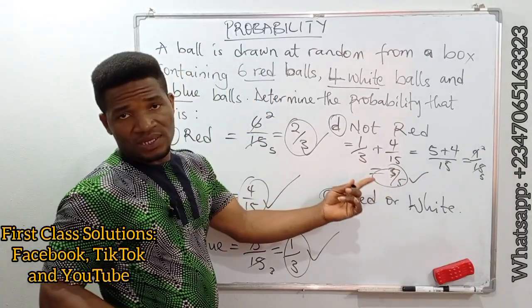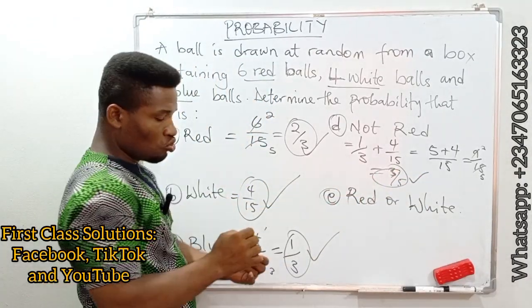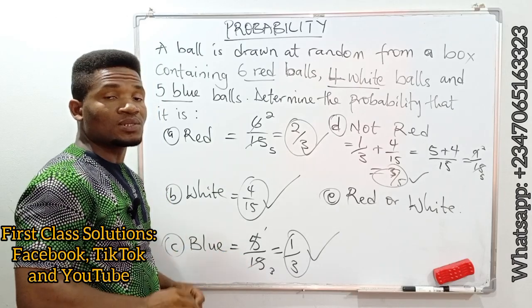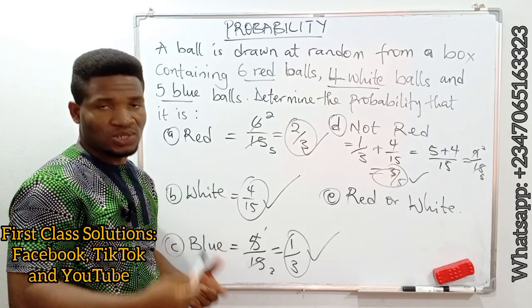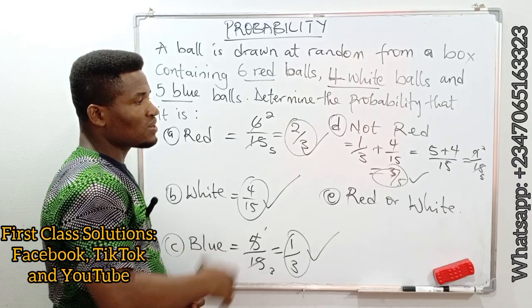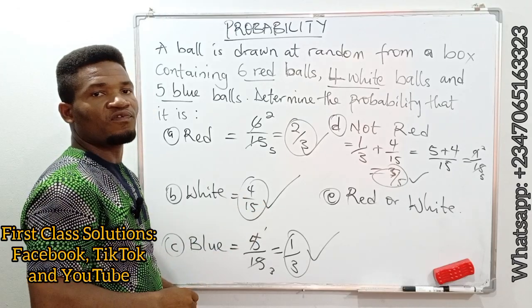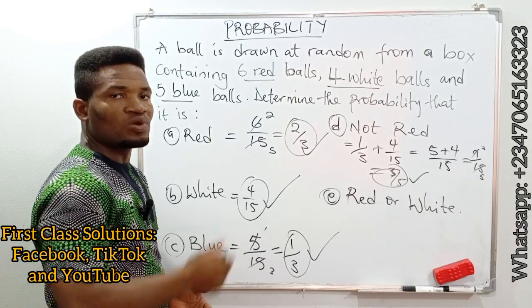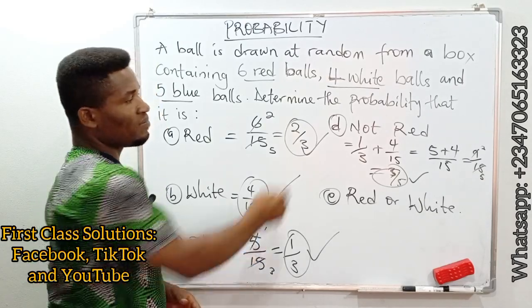You can even calculate this by saying that the total probability is always 1. That is, 15 over 15 is actually 1. So we can subtract the probability of red from the total probability to get the probability of not red.